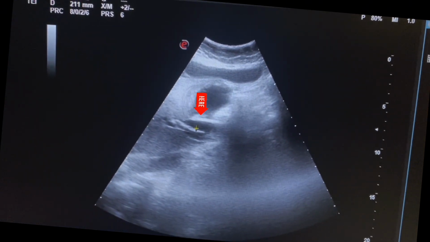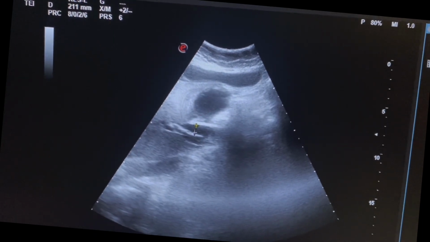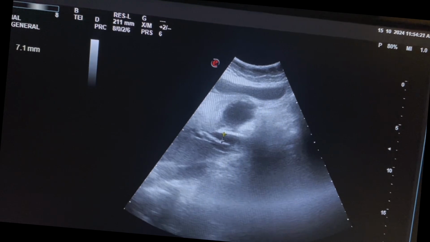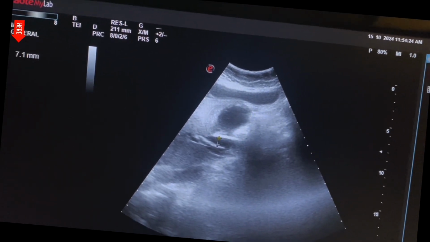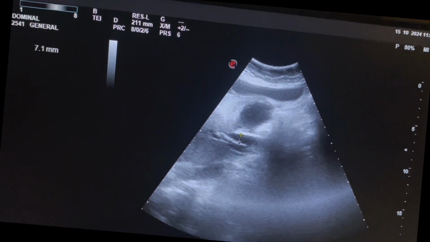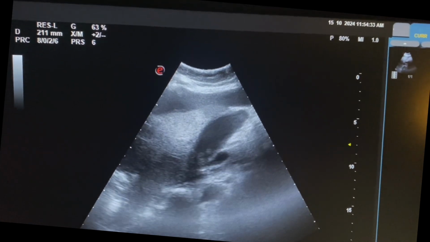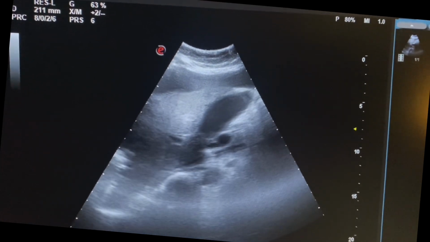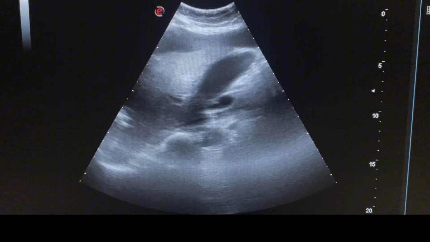Now here we see the bile duct is dilated away from porta hepatis, where its diameter is 7 millimeter, but at porta hepatis its diameter was 5 millimeter. The middle part of the common bile duct is dilated.